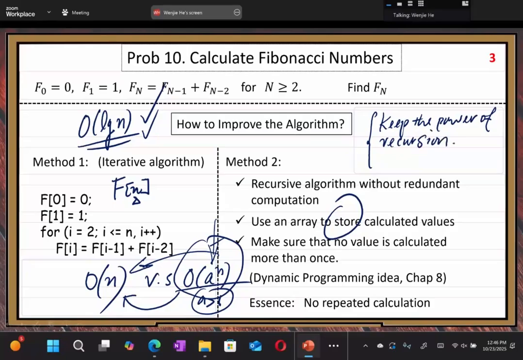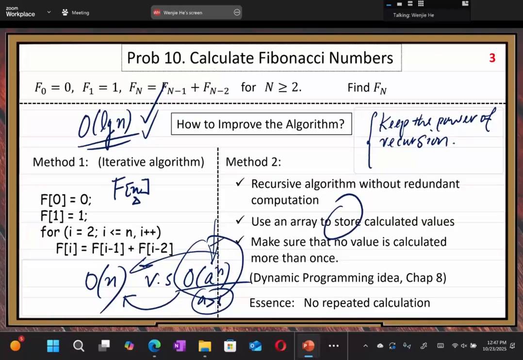We know recursion is very powerful, and we don't want to throw it away.